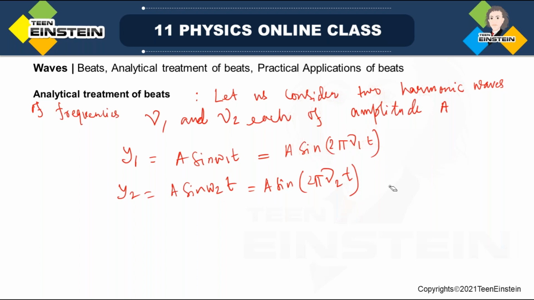Primary thing is that the waves have to superpose. So we apply the principle of superposition.